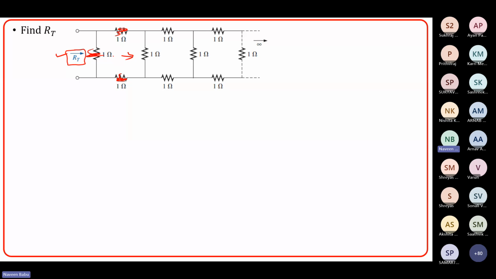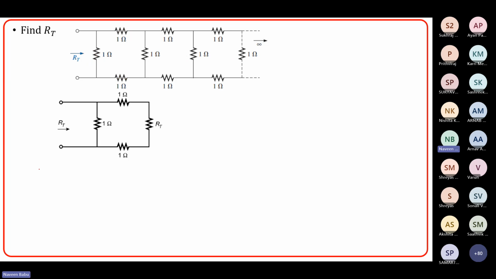Likewise, equivalent resistor RT can be viewed at all these positions towards infinity. So you can slightly redraw the circuit, something like this. I have this RT here, 1 ohm, same 1 ohm, 1 ohm here, 1 ohm here. And now I'm going to view the rest of the circuit as one more RT, right?